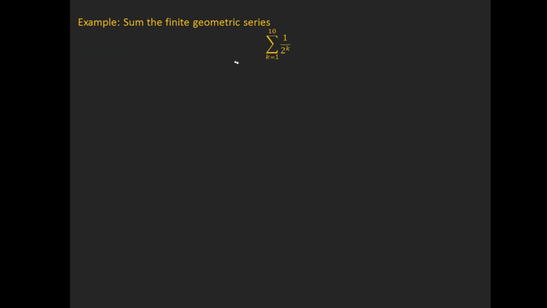The next series is given in sigma notation. So first we will generate the series. We will put k equal to 1, 2, 3 and so on up to 10, because k is from 1 to 10. So first put k equal to 1 in this, so 1 by 2 power 1, and then k equal to 2, so 1 by 2 power 2, and then k equal to 3, so 1 by 2 power 3, and so on.